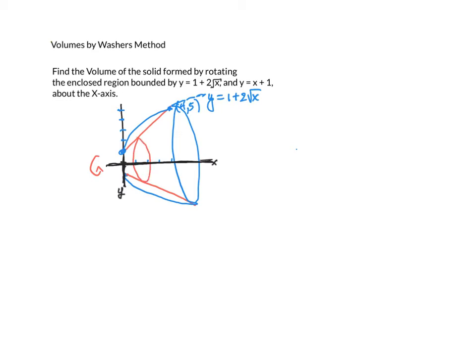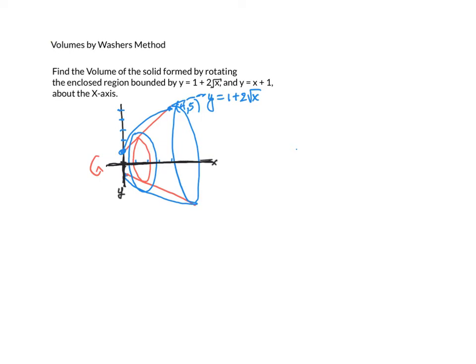So here's the situation that I have. I have a solid bowl and I remove the inside, which is a cone. The red cone here is removed. Let's look at the solid from a different angle.